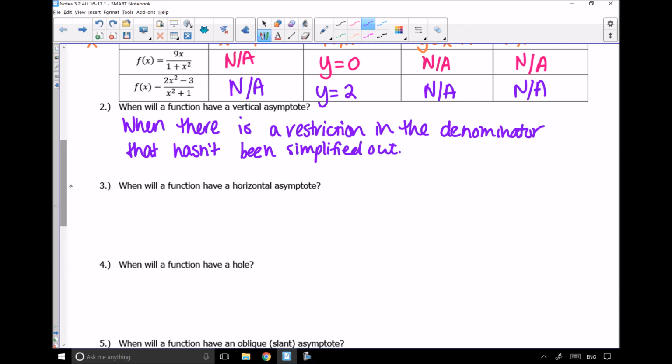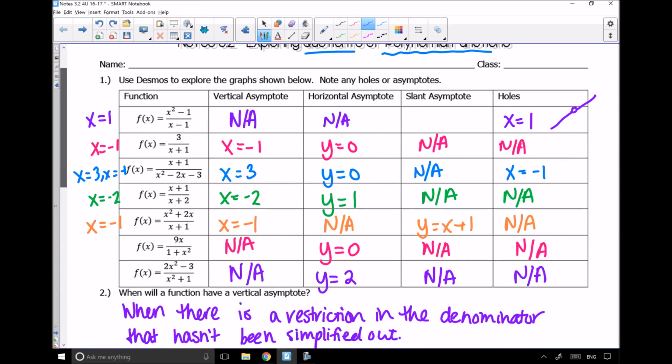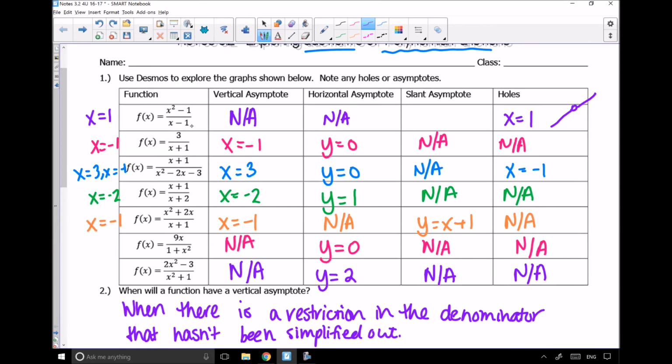So for example, when I take a look at what I have here, we had a restriction in our denominator of x equals 1, but it was simplified out, so there was no vertical asymptote. Here we had a restriction in our denominator of -1, and it wasn't simplified out, therefore we had our vertical asymptote.